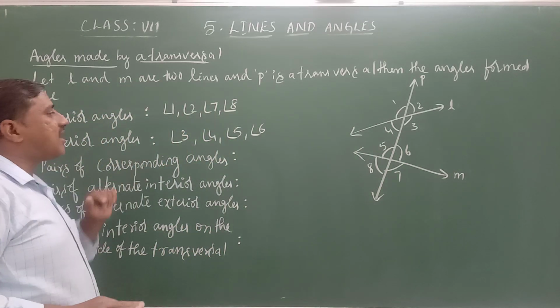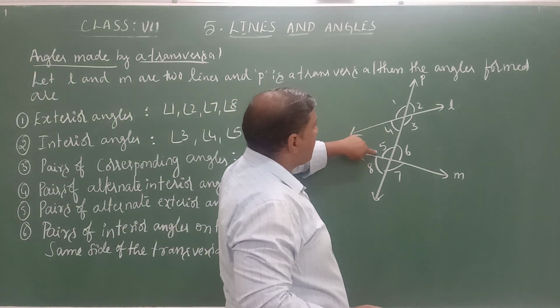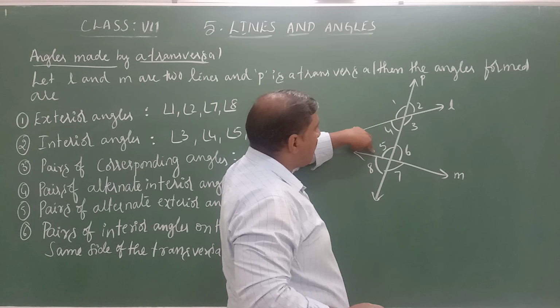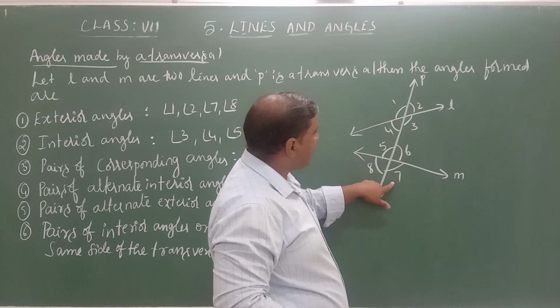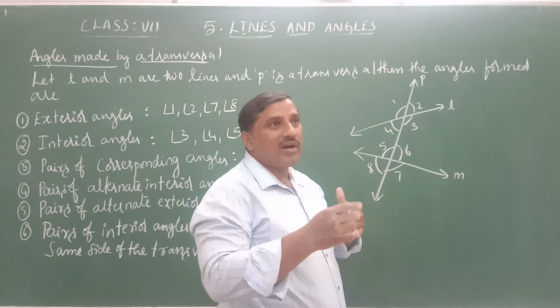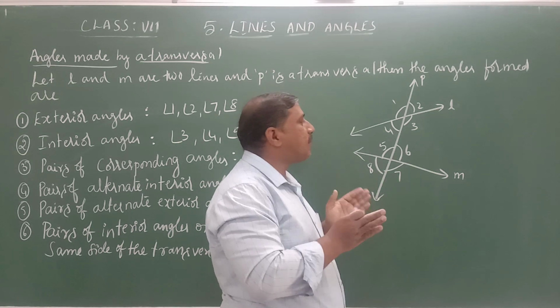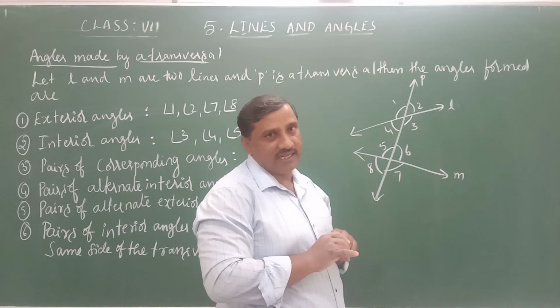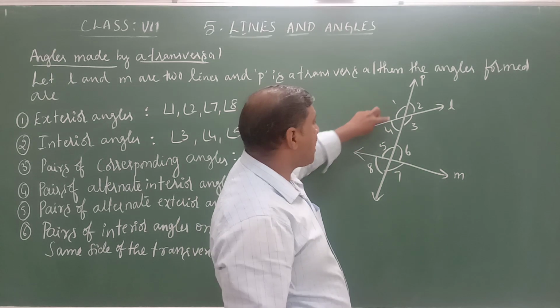Now, pairs of corresponding angles. You see here angle 1 and angle 5, angle 2 and angle 6, angle 3 and angle 7, angle 4 and angle 8 are corresponding angles. What are corresponding angles? Two angles, one from each line, and they should be on the same side of the transversal, like angle 1 and angle 5.